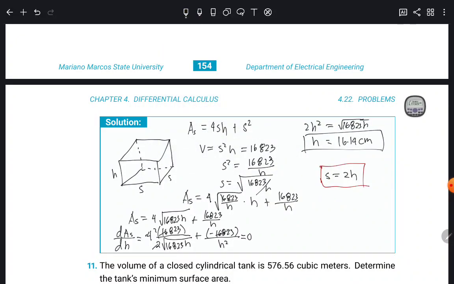So remember our S, and this one is our S, and our H is the height.